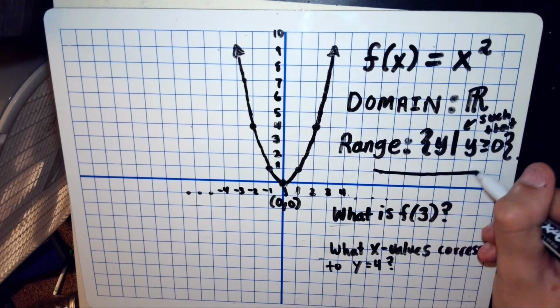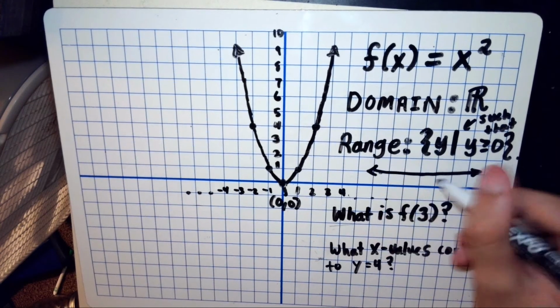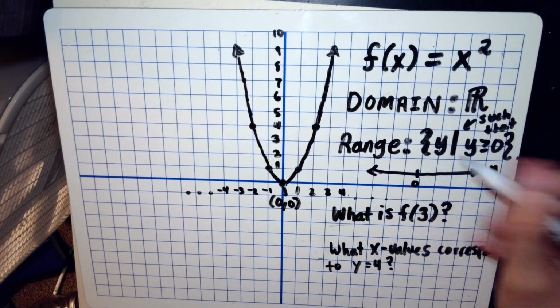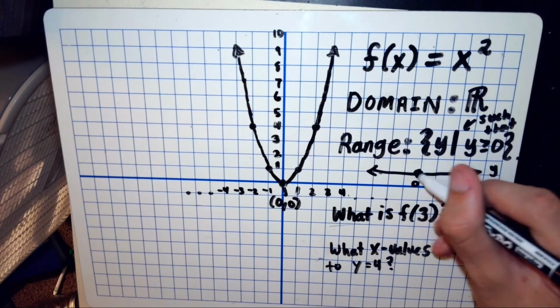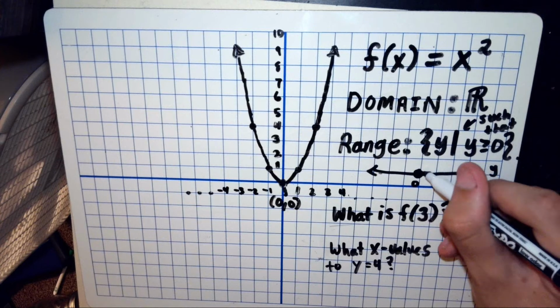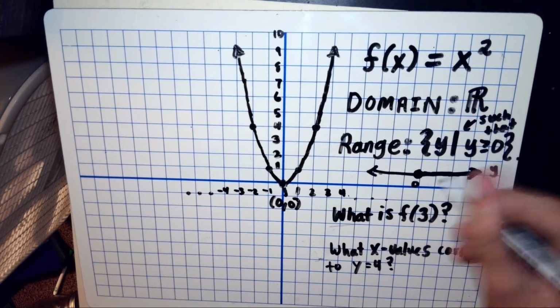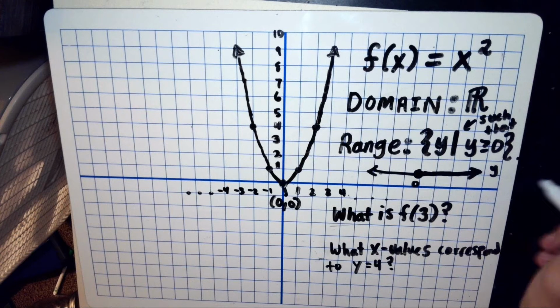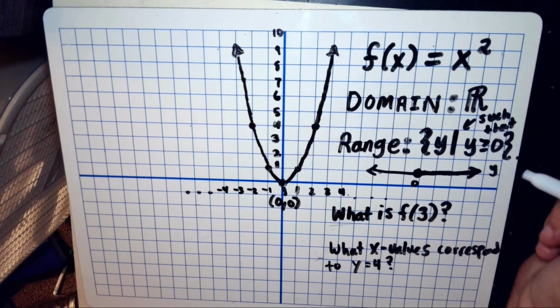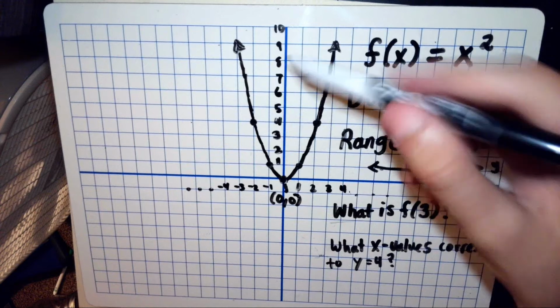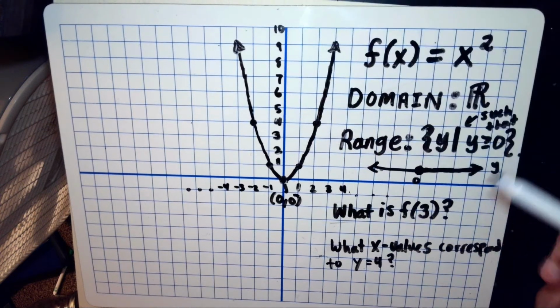Say we have a number line with our y's on it, and say 0 is here. Our solution set, or rather the range, would be this set right here, from 0 up to infinity, right? That would be the range in this picture, because it goes up forever.